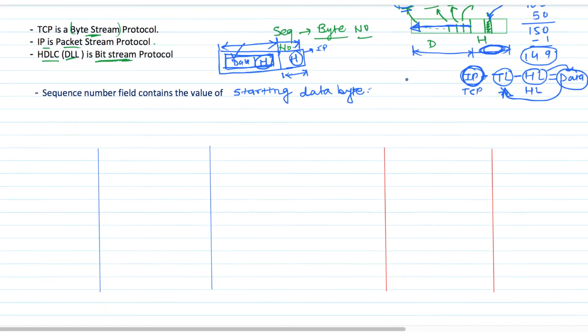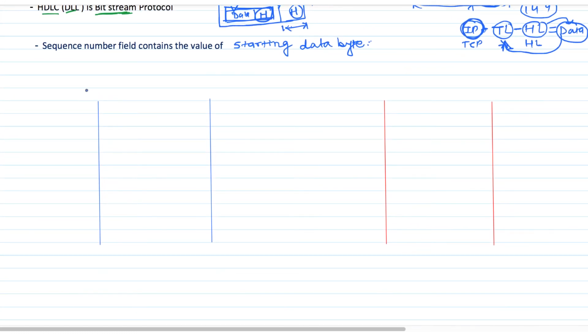So let's see an example here. Suppose here is a system having IP IA and there is a receiver having IP IR. It is using some port number, say X, and at the receiver side the destination port is 80. When the sender is going to send some data to this receiver, as it is the first data byte, it is going to use sequence number 0.